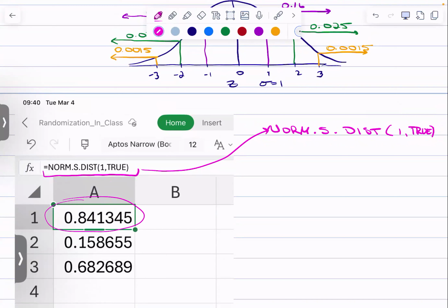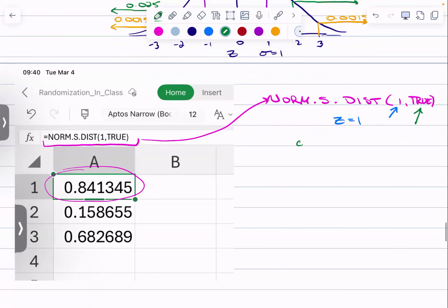A normal distribution, we gave it z equals 1 and cumulative equals true, to get the probability up to and including z equals 1.